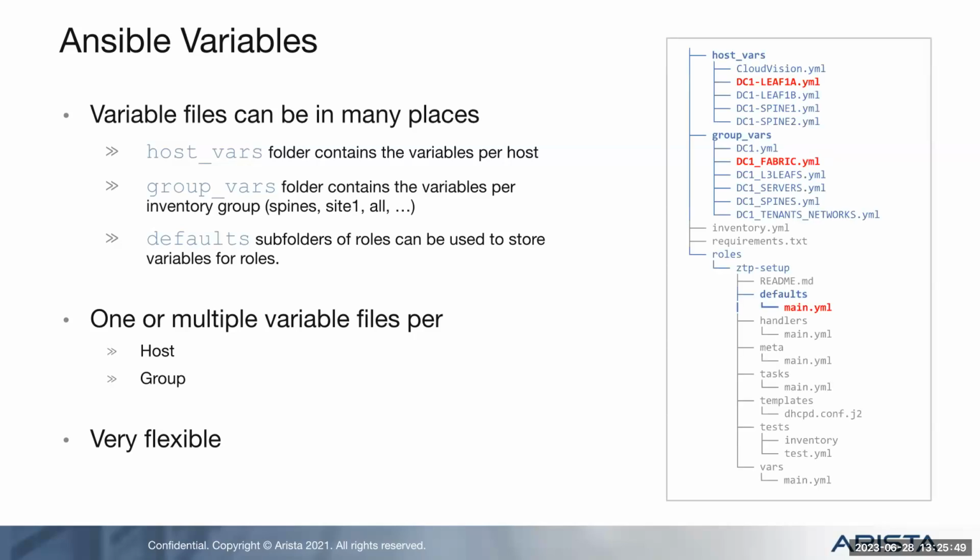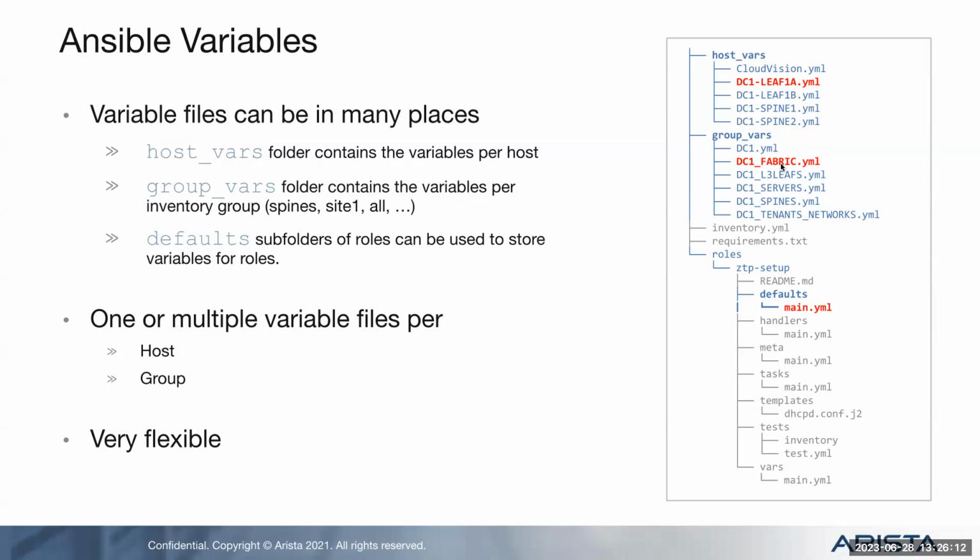So, like we talked about, you'll have these on-disk layouts where you get into host_vars and group_vars. So like you'll see here, we have, in this example, a number of devices that will have their own variables to load. There's also group variables we'll load based on what group you're part of.